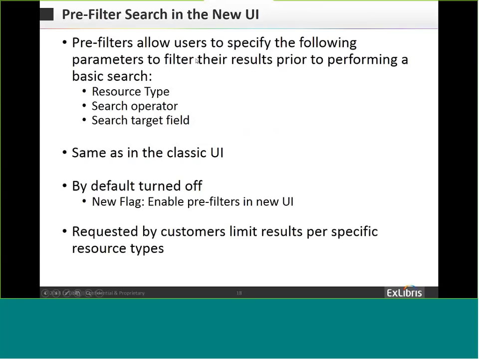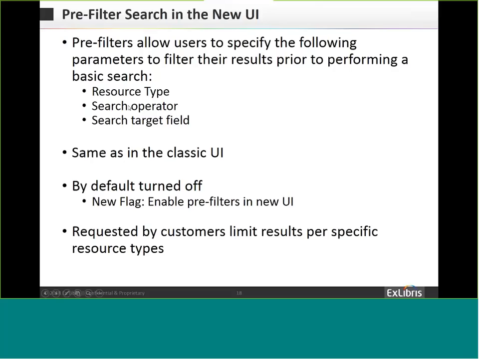Okay, now I would like to move to a feature that was in the classic UI, and customers requested to have this feature also in the new UI. We're talking about the pre-filter. The pre-filter is about helping, prior to doing the search, to define what scope, what material to search for.